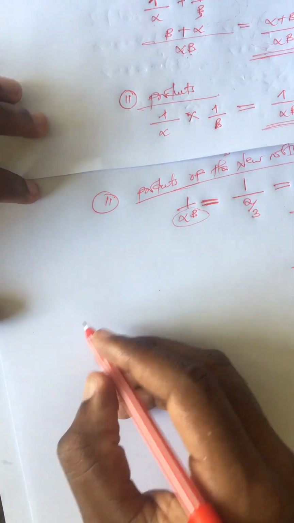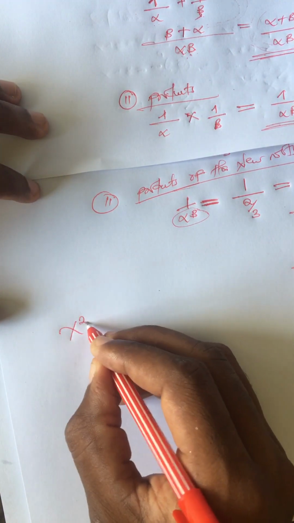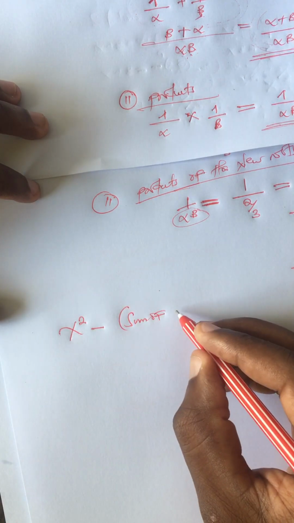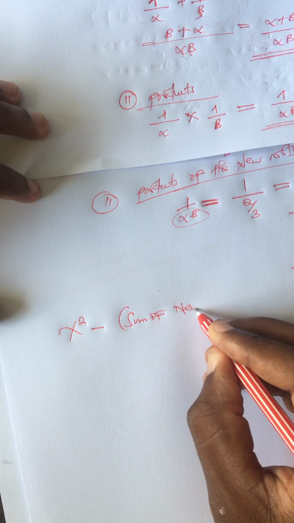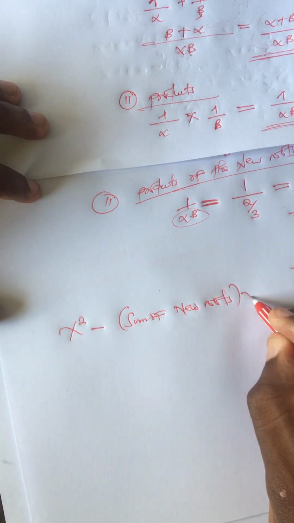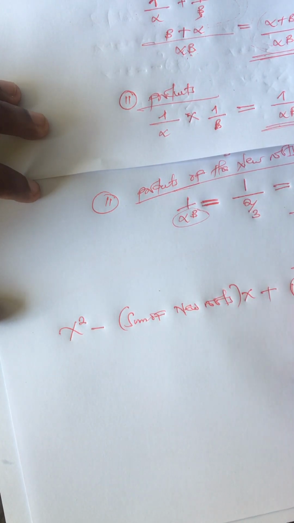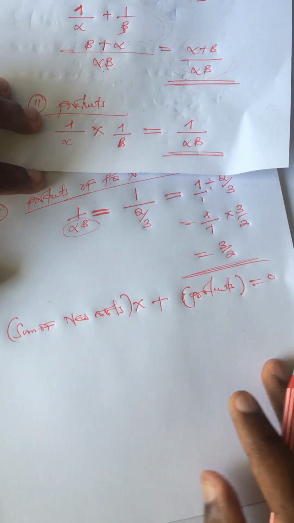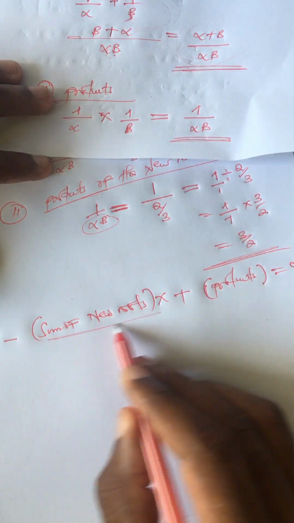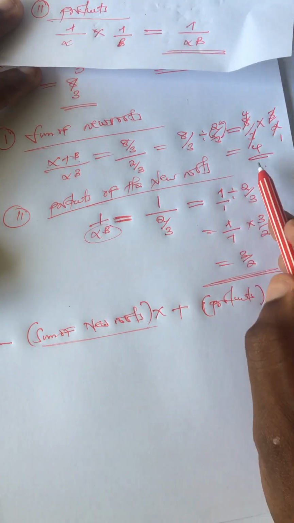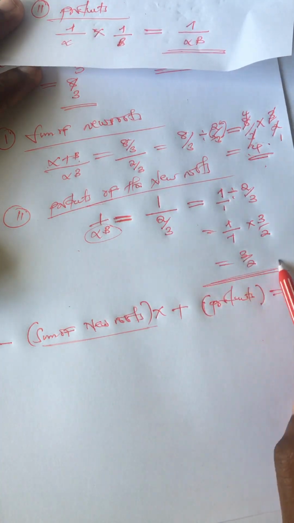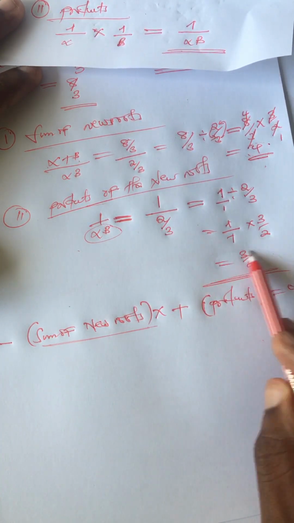Then we know that our general formula is x squared minus the sum of new roots multiplied by x, then plus the product of new roots, which is equal to 0. So the sum of the new roots, we have it as 4. The product of the new roots, we have it as 3 over 2.